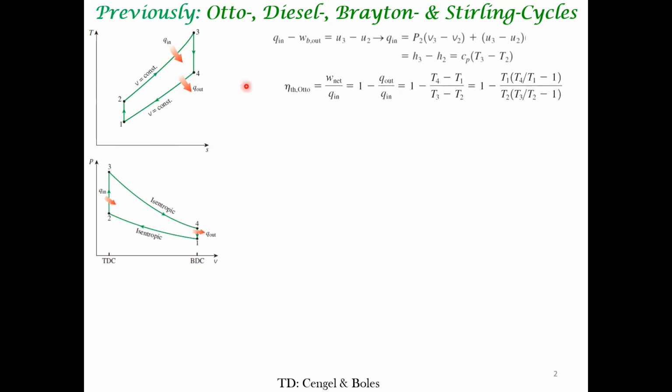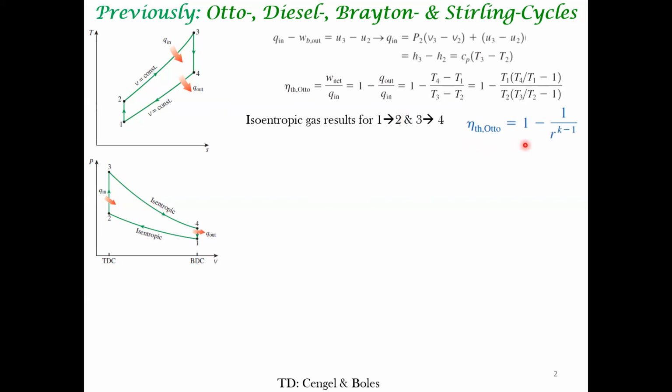And then you get an idea of what the heat input and heat output are. Once you know both these things, you can define the efficiency. In this case, again, the efficiency of the Otto cycle is being written out. And then you utilize isentropic gas results to simplify this expression, and then write out the efficiency in terms of certain crucial factors.